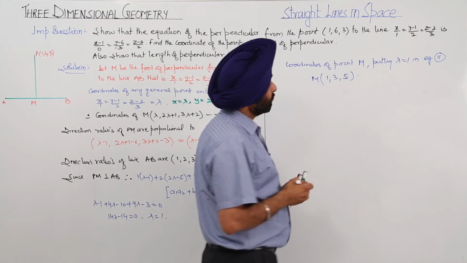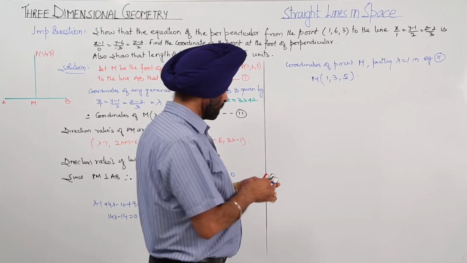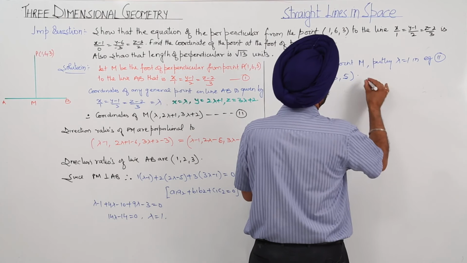So coordinates of point M is 1, 3 and 5. So this is one of the answers.